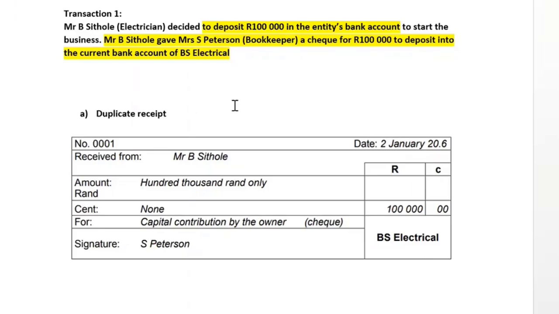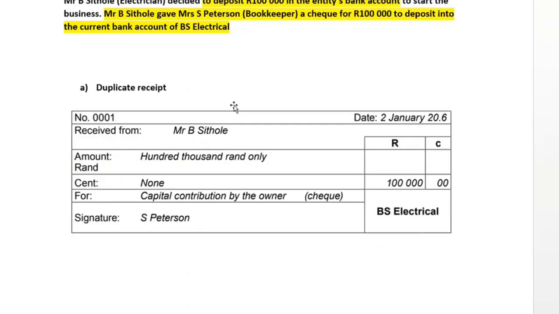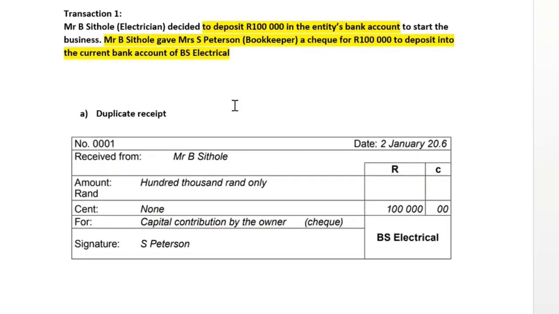So I was just asking you, when you have the source documents, which are a duplicate receipt and a duplicate deposit slip, where would you record that? You would record this in your business cash receipts journal.